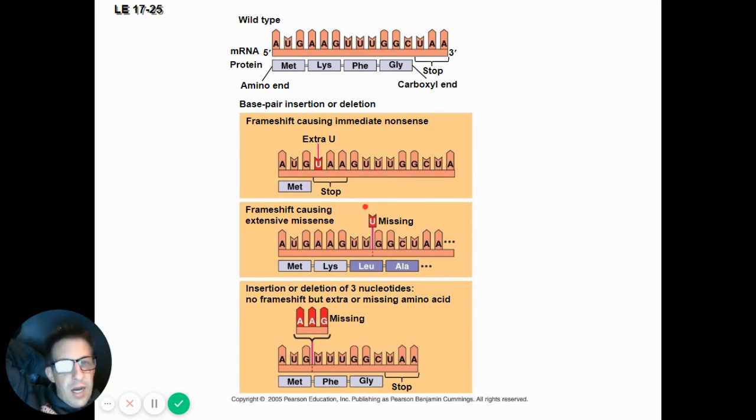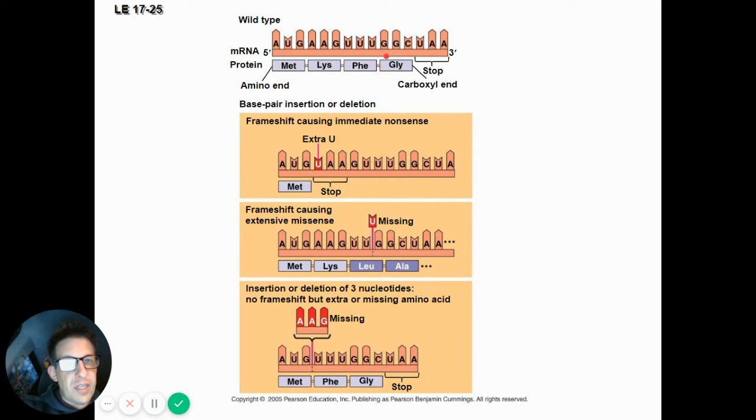Okay. Here we're going to take out a U. So we're looking at this codon right here. We're going to take out this last U. And that's exactly what they show here. This U is gone. They take it out. And so we get methionine, lysine. Those are perfectly fine. But when we take that U out, instead of reading UUU and getting phenylalanine, we read UUG, and we get leucine.